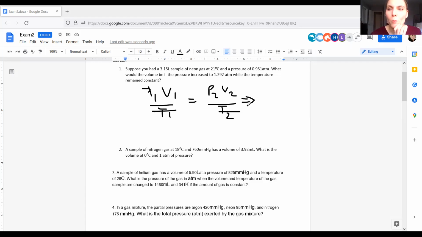What are we doing here? What are we solving for? V2. Your V2, very good. So V2 equals P1 V1 over P2.